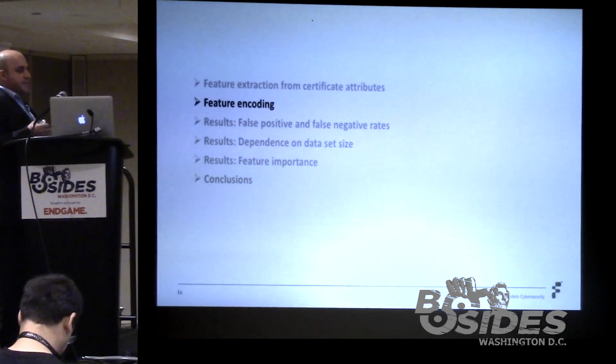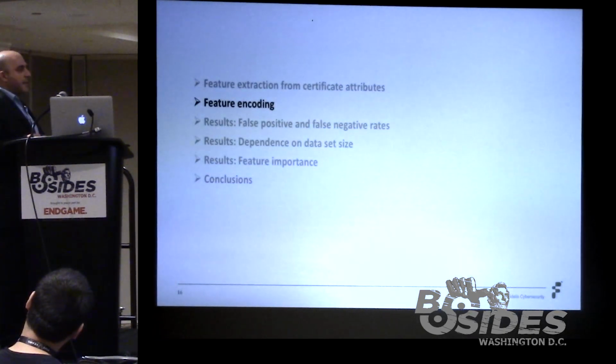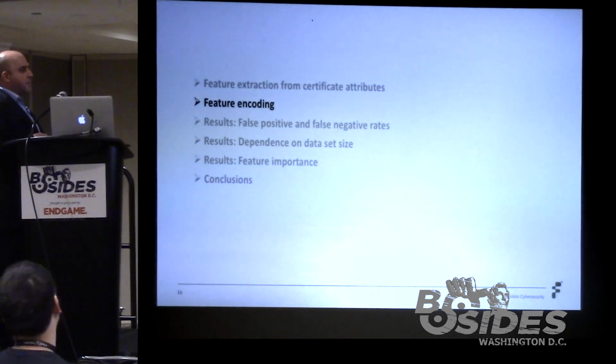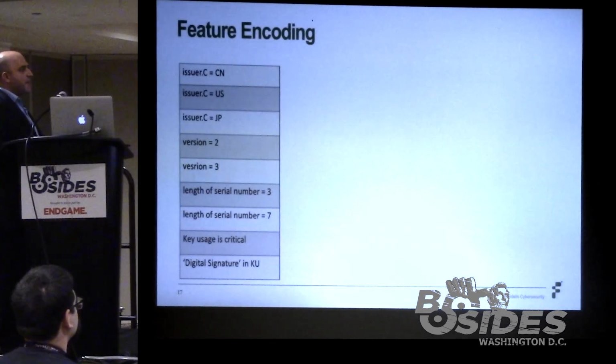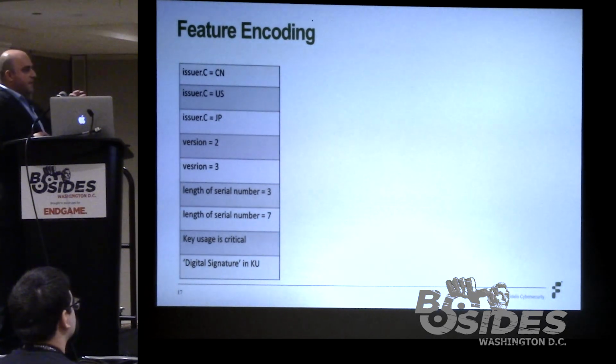Now, all this, we're still not ready to give to the machine learning algorithm. We have to do a little more encoding. So this is a small set. Let's say you have a small data set, for training set, and you collect the values, and this is basically the feature space that you end up with.